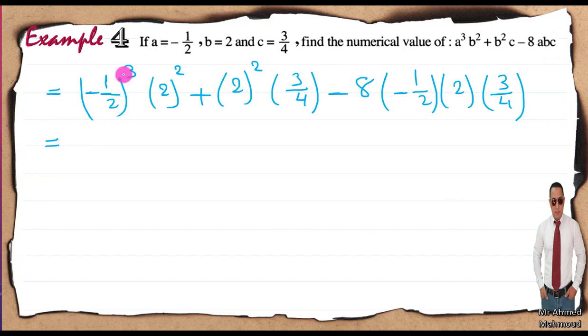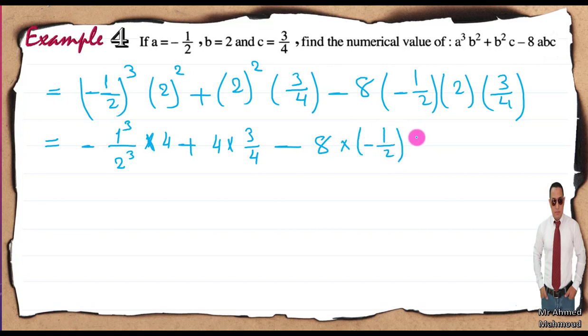Now I'm going to distribute this power, so it will be negative 1 power of 3 over 2 power of 3 times 2 power of 2 equal 4, this is times, plus 2 power of 2, 4 times 3 over 4, minus 8 times negative half times 2 times 3 over 4.